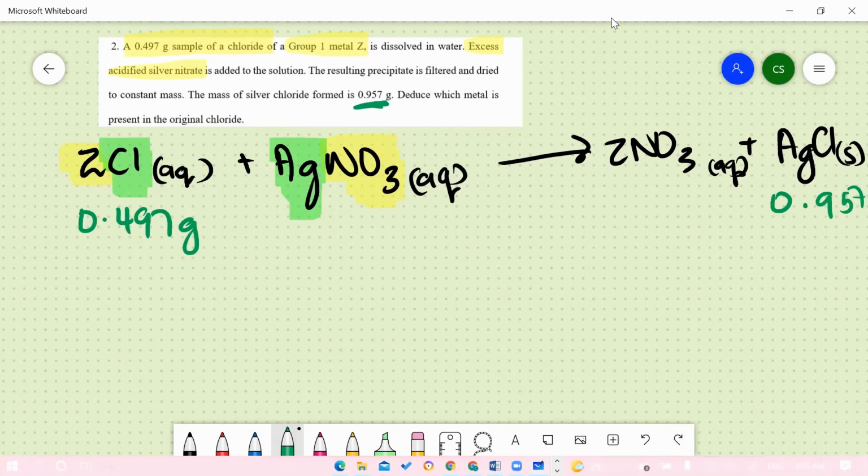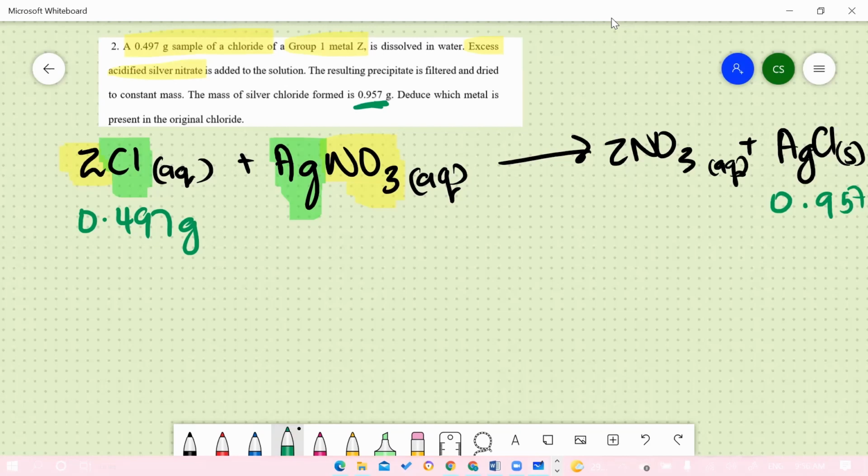So now what do they want you to find? They want me to deduce which metal is present in the original chloride. So what we want to find out is the mass of the chloride ions present in the sample of ZCl.